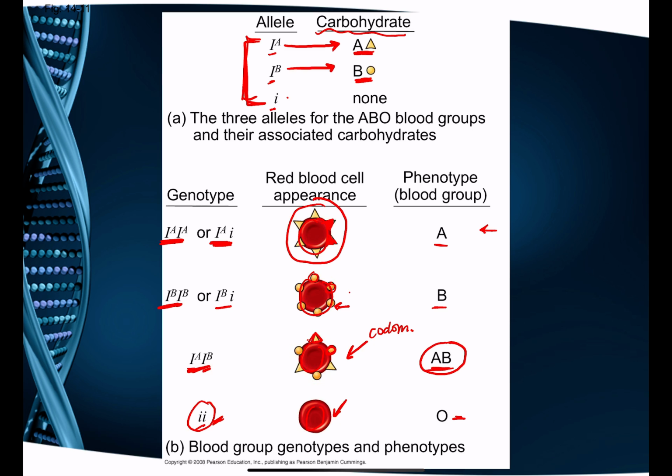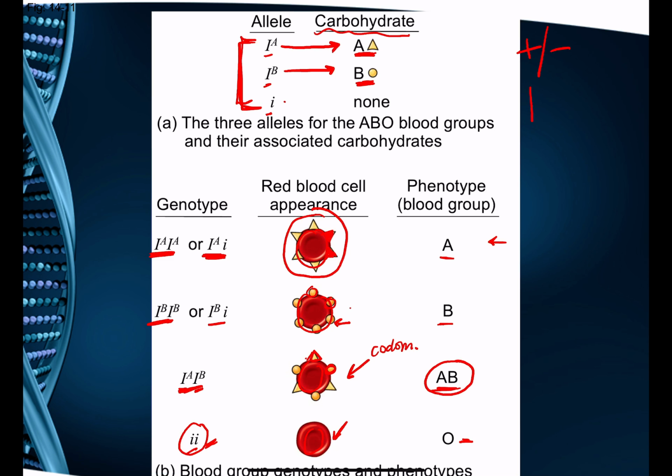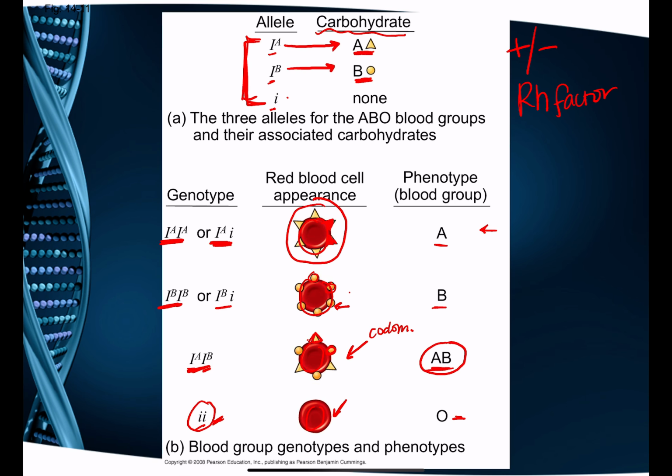Now, somebody may ask, what about the positive and negative? Well, the positive and negative is known as the Rh factor, okay? It was found in rhesus monkeys, spelled R-H-E-S-U-S. So that's why you get Rh factor. And so I'm A positive.